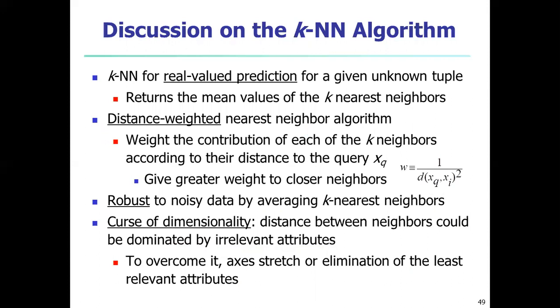There is also distance-weighted nearest neighbor, where we weight the contribution of each of the k neighbors according to their distance to the query xq. The weight is 1 over d(xq, xi) squared, so the closest neighbors get the greatest weight, and the contribution of each of the k neighbors depends on its distance to the query.